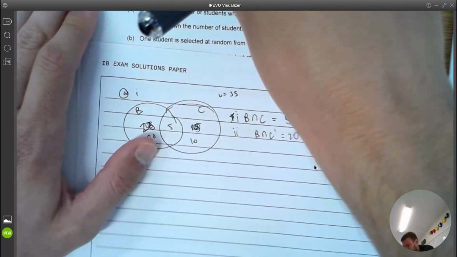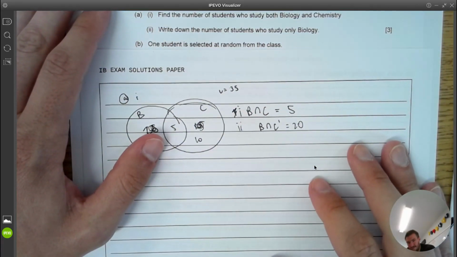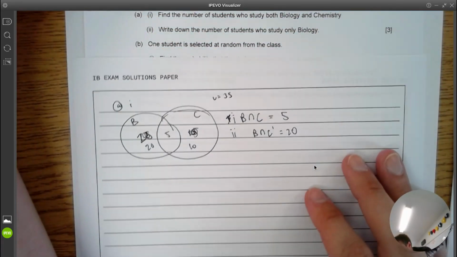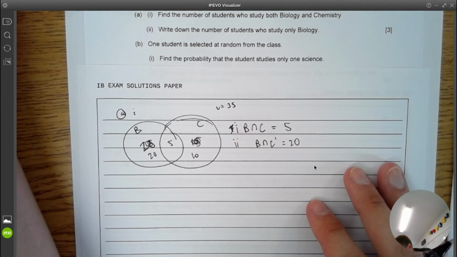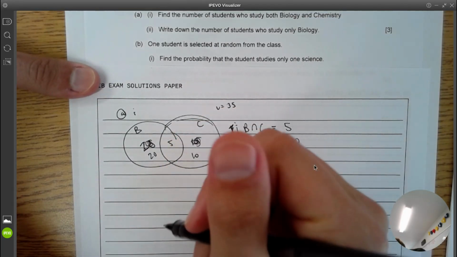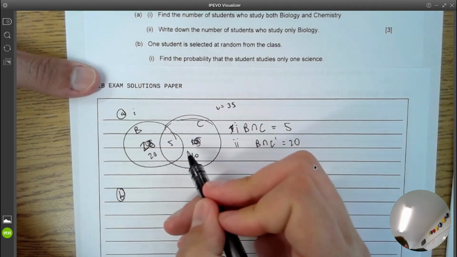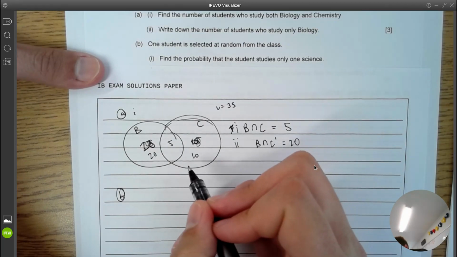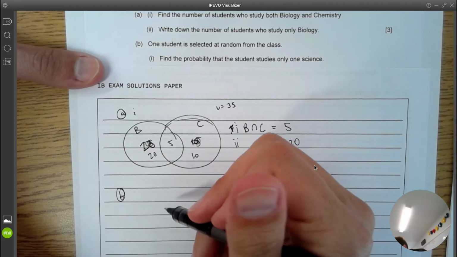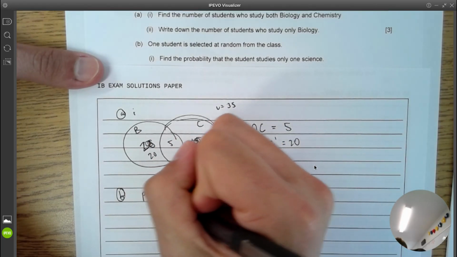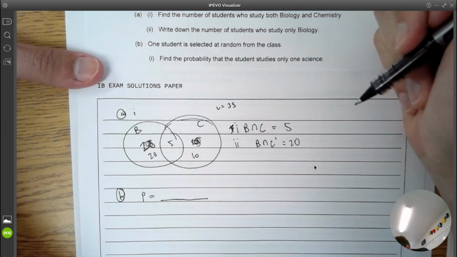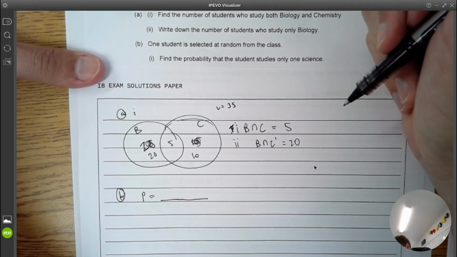A student is selected at random from the class. Find the probability that a student studies only one science. So now we're going to do probability. The probability is going to be a fraction, less than 1.